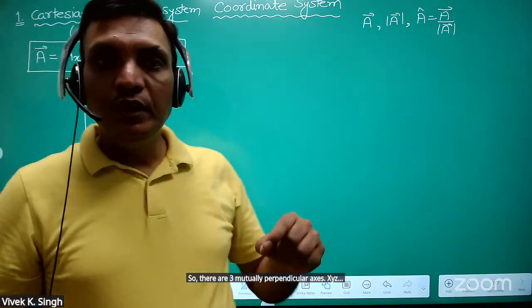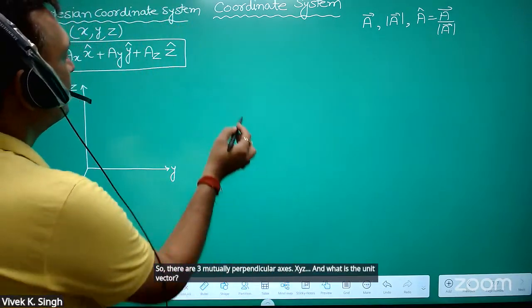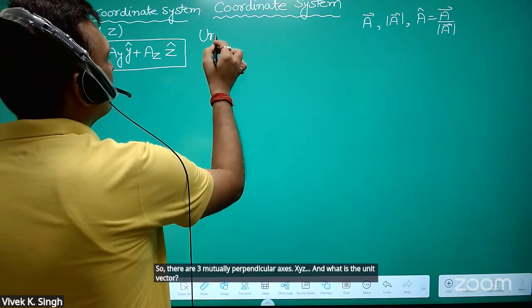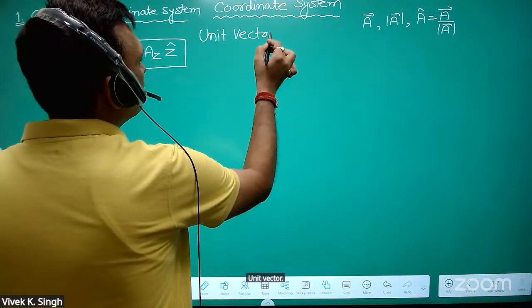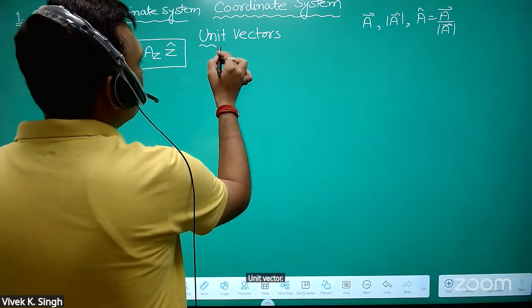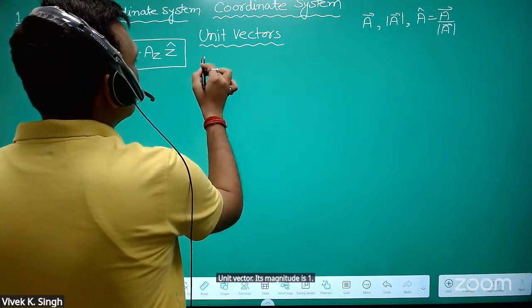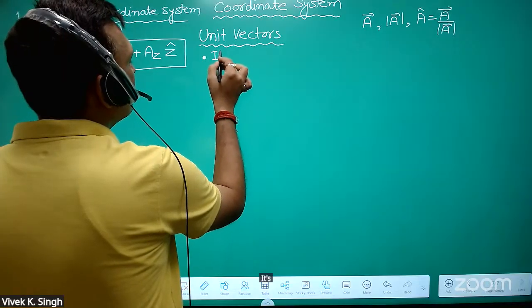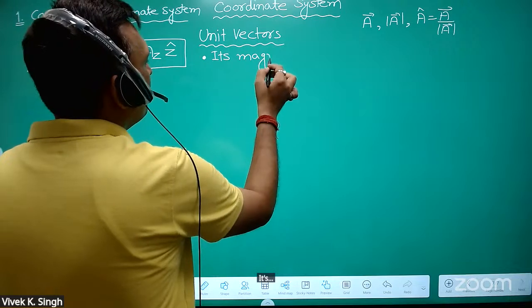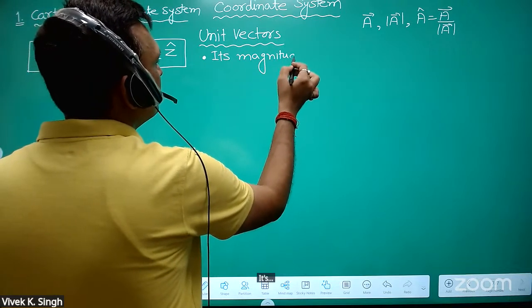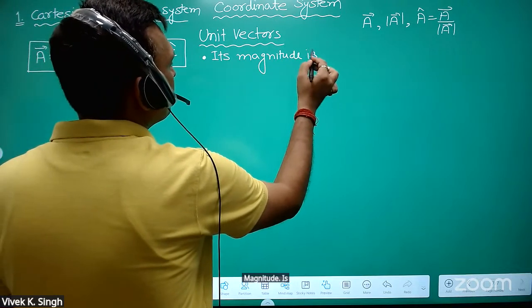And what is the unit vector? Its magnitude is 1.